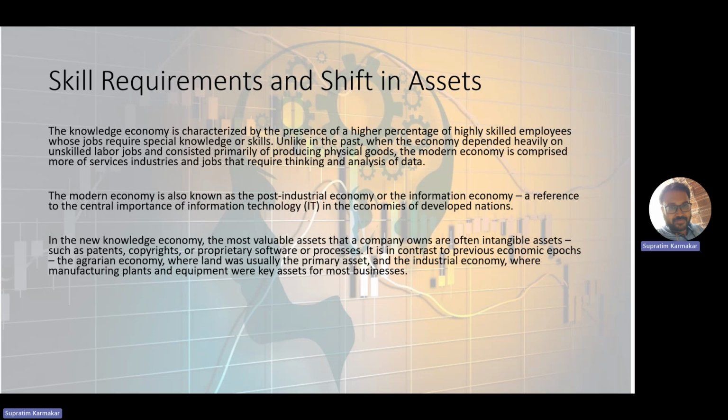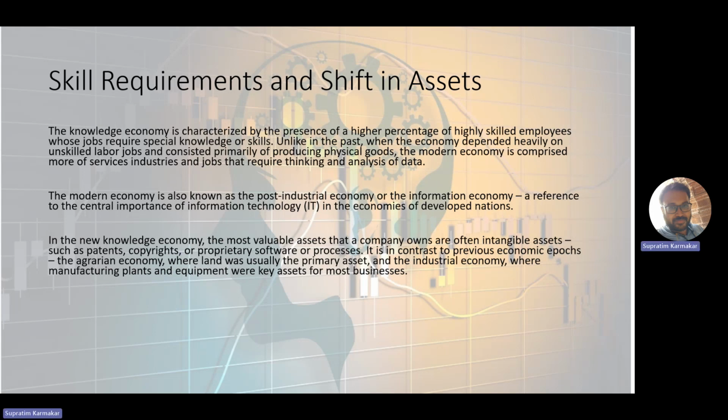It is in contrast to previous economic epochs: the agrarian economy, where land was usually the primary asset, and the industrial economy, where manufacturing plants and equipment were key assets for most businesses.